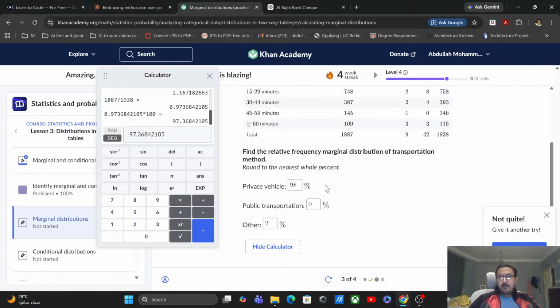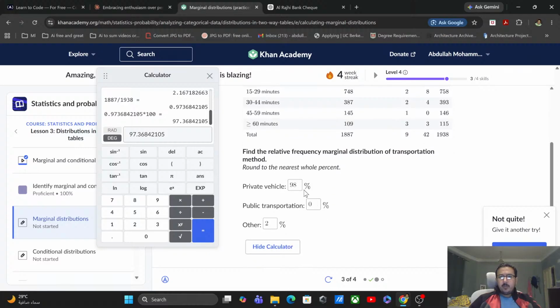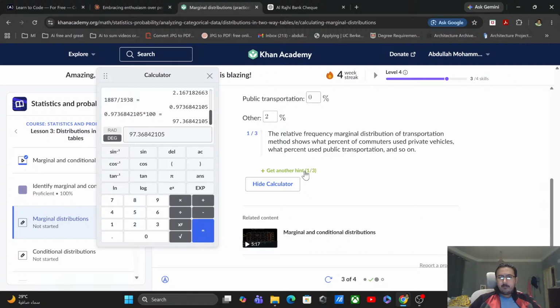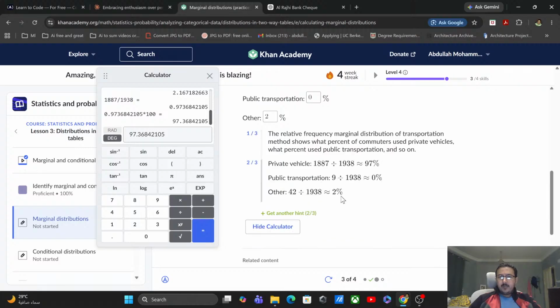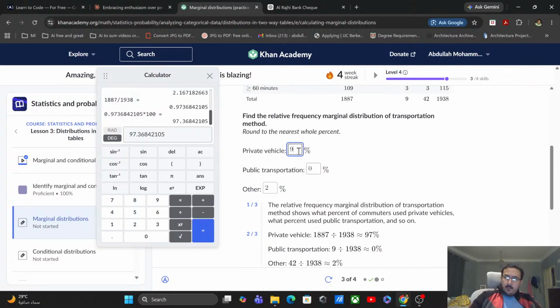What's going on? Round to the nearest whole percent. Show step. 9702. Where's the third? The 3. Where's the third one? This will be 99. 97.